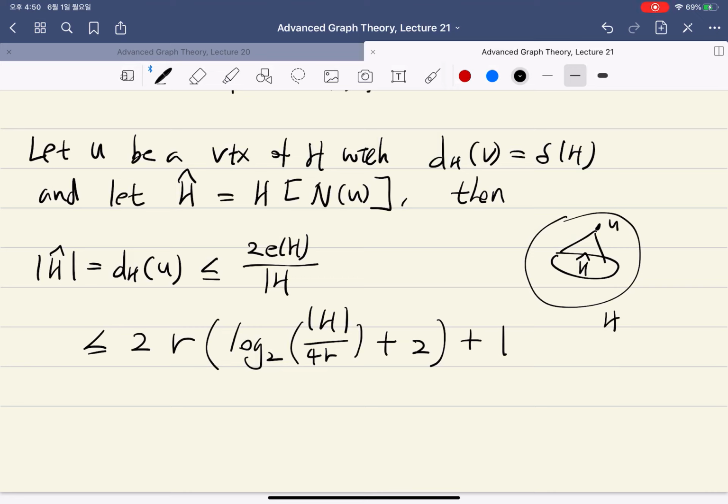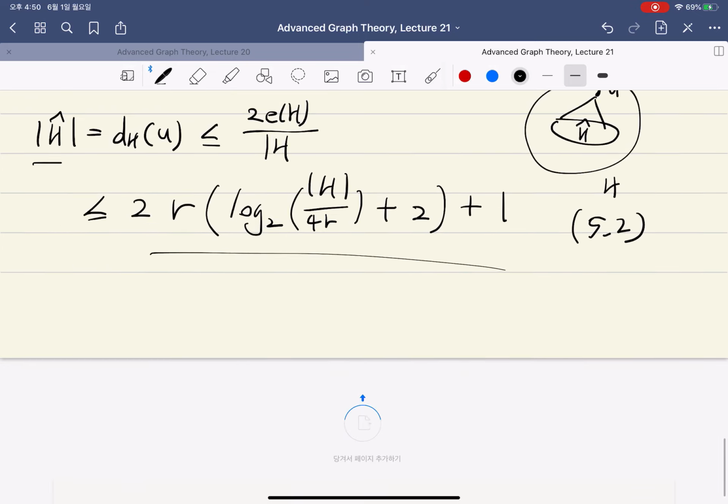This plus 1 is because of the ceiling. So we have this upper bound. Let's say this is 5.2.